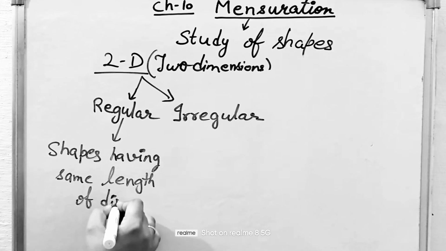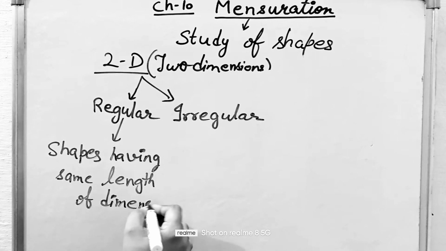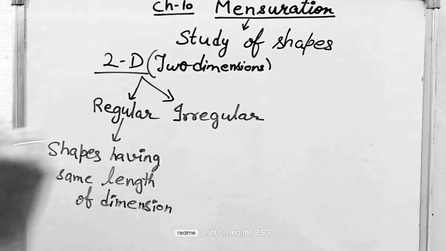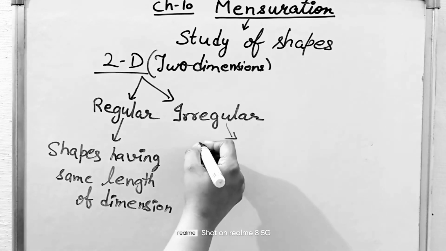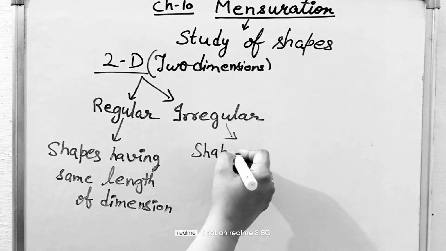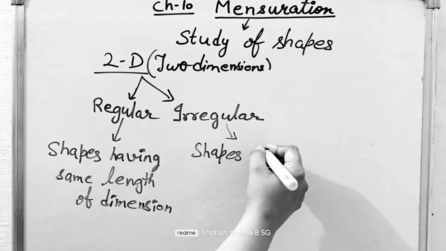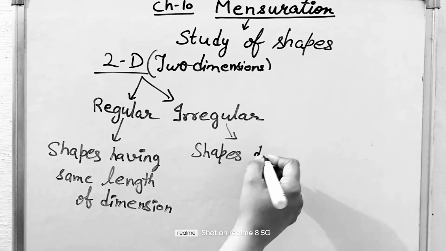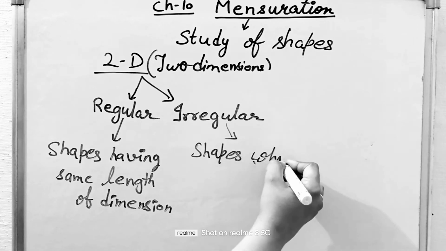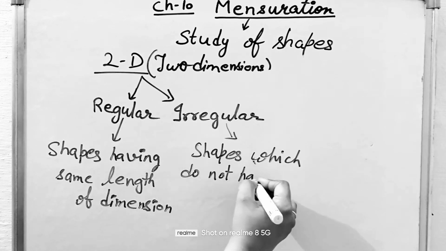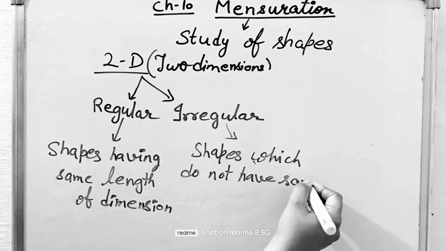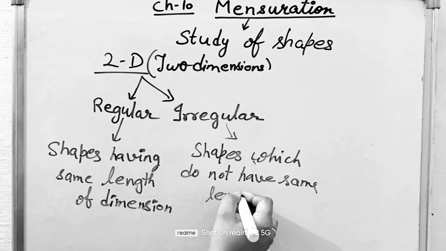Whatever its dimension is, that will have same length. Those are called regular shapes. And what are irregular shapes? Which do not have same length of its dimension.